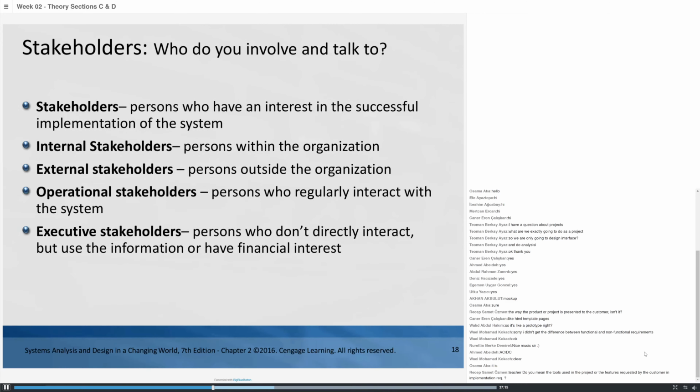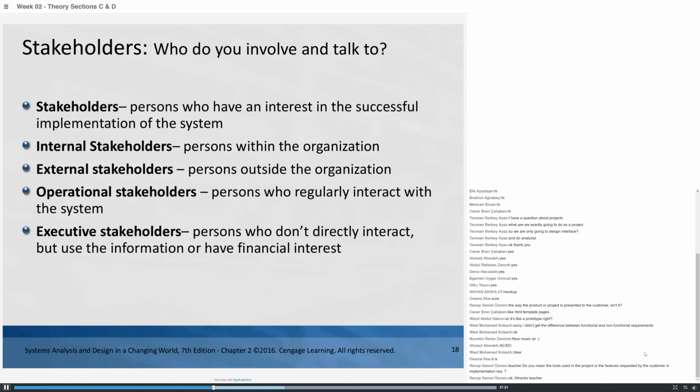Okay, now let's talk about stakeholders. Stakeholders are your primary source of information. You will extract the requirements from stakeholders. Stakeholders in Turkish is paydaş. Stakeholders are all the people who have an interest in the successful implementation of the system.